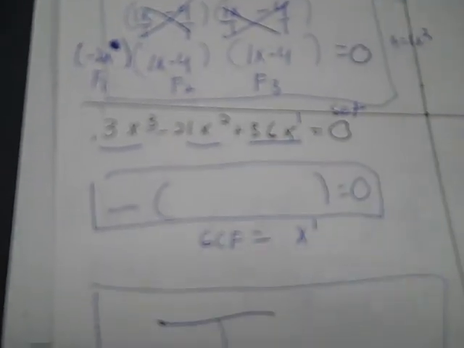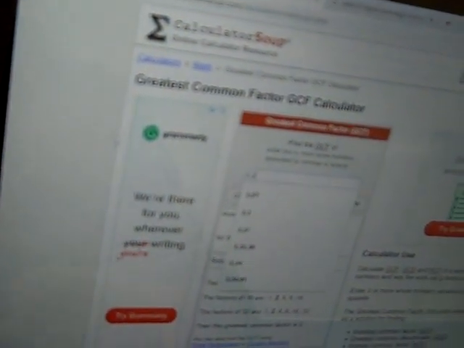So, is the first number in the equation negative? Nope. Do you have x on all 3 terms? Yeah, you do. Okay, x third, x second, x the first. So we take out the smallest x, and then I find the greatest common factor of 3, 21, and 36. Okay, 3 is the GCF.